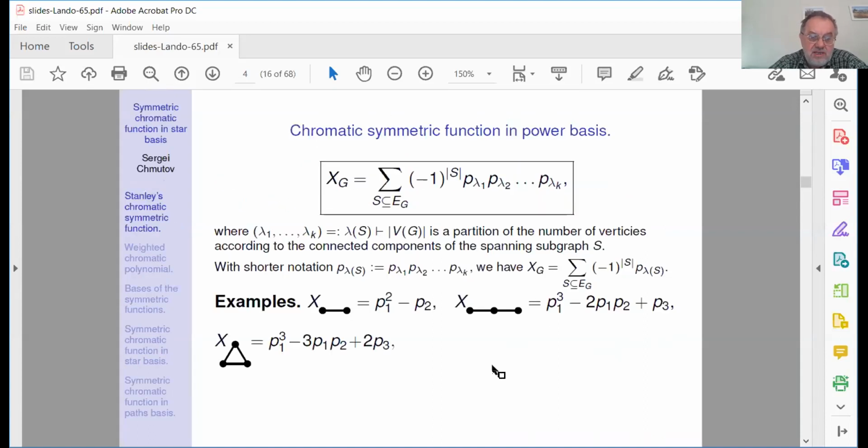So for the triangle, it is going to be like that. Again, it is very easy to figure out for small graphs with that formula what it will be when there are not so many edges. But in general, what is interesting here is that if I consider it as a symmetric function, so plug in that power function there, then for the complete graph, for example, triangle K3, it is going to be essentially elementary symmetric functions, the elementary symmetric function for Kn.